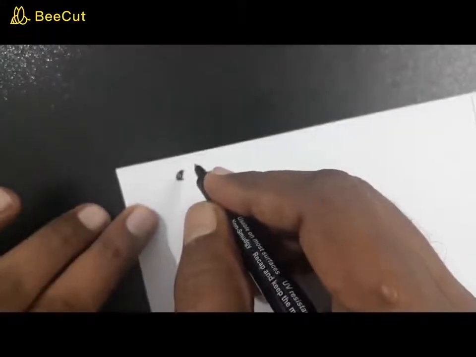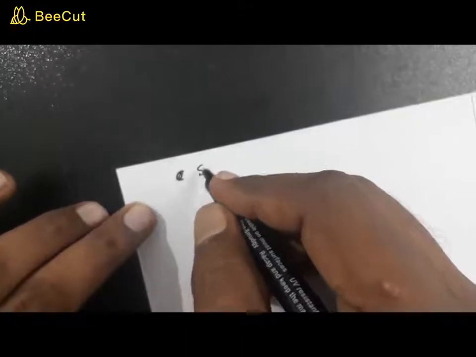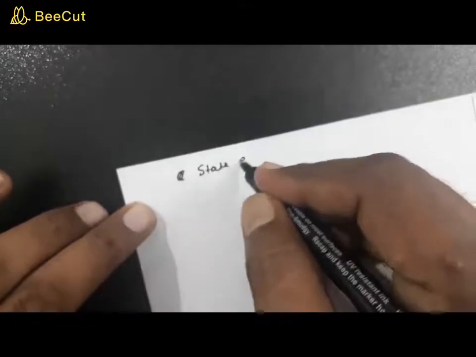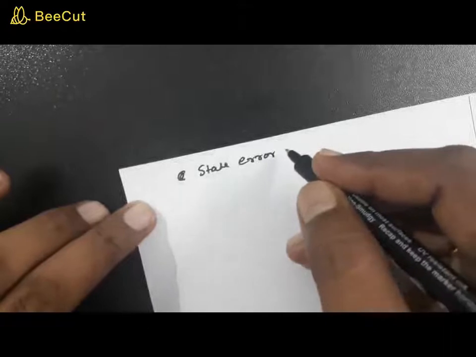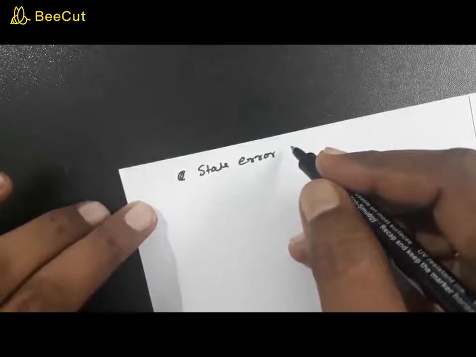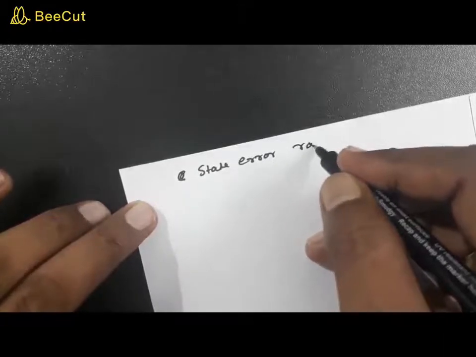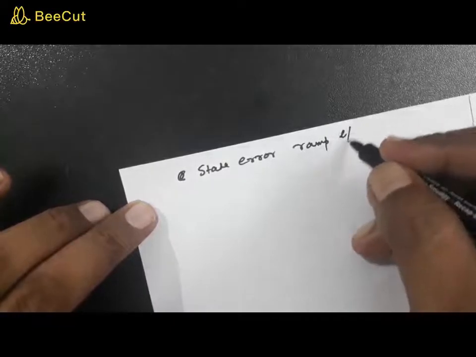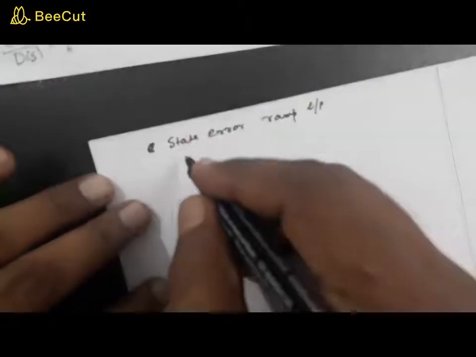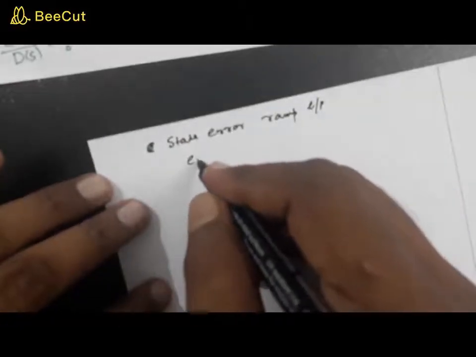So how will you find out the steady state error? Now we know that the steady state error due to the ramp input, in terms of the velocity static error coefficient, is given by ess equal to 1 by kv.